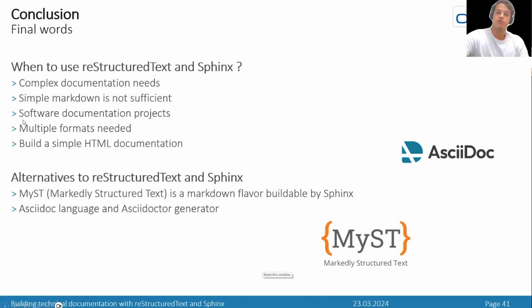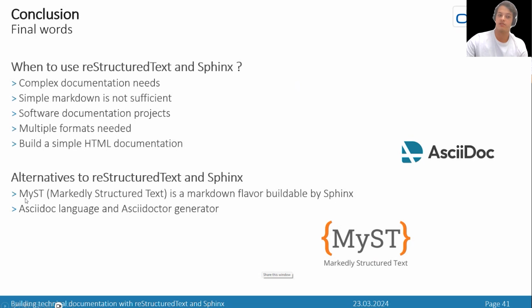It's also especially good for software documentation projects, because as you saw, I can document my Python code automatically. Whenever you need multiple formats, or simply if you want to build an HTML documentation and you know this tool, it just works. There are some alternatives.